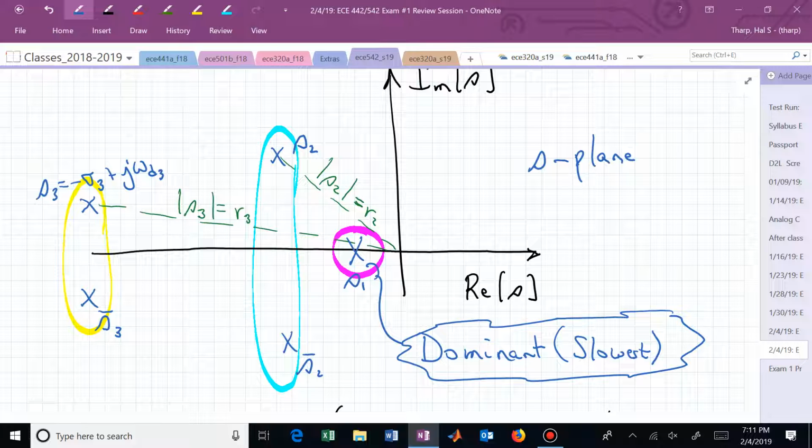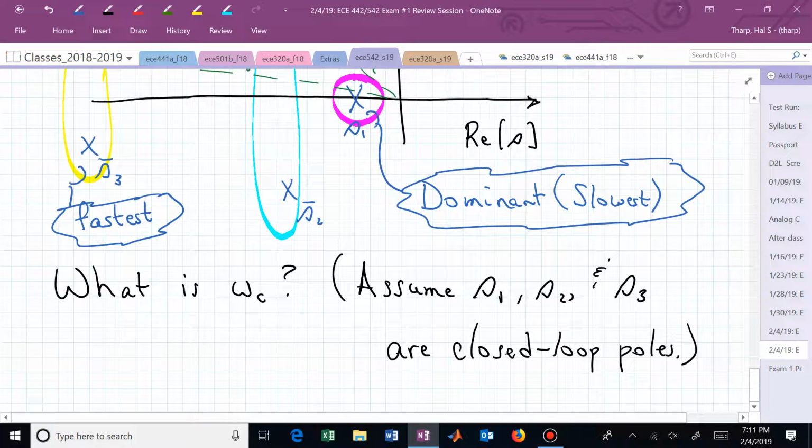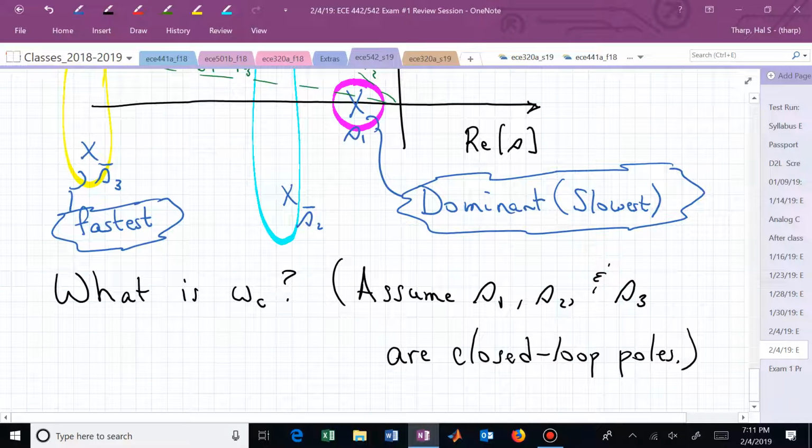It's the fastest. So the yellow is the fastest, and that's the one that we really want to focus on if we were now trying to sample. So let's now say, what is omega sub c? And we'll assume that S1, S2, and S3 are closed loop poles.